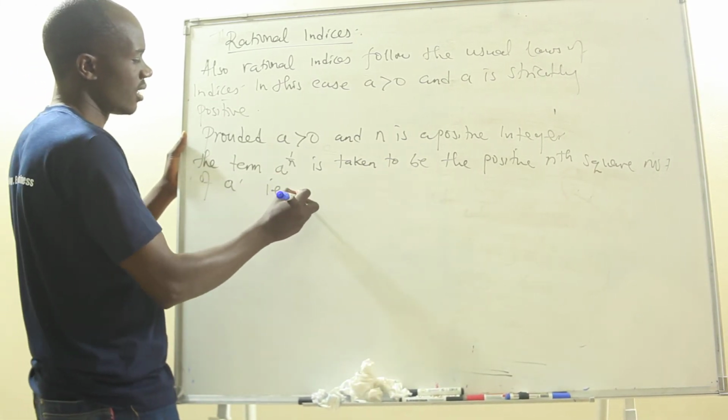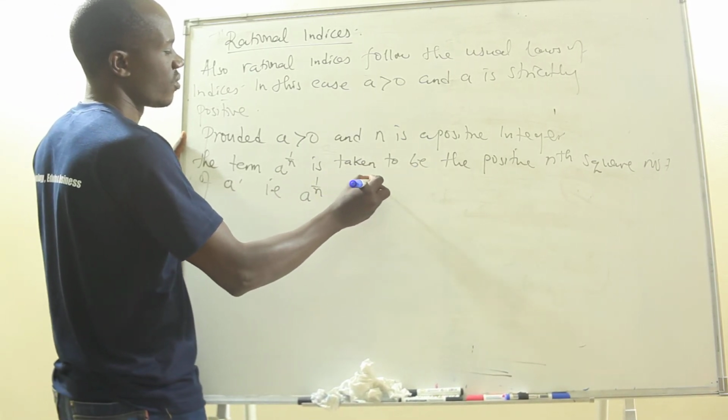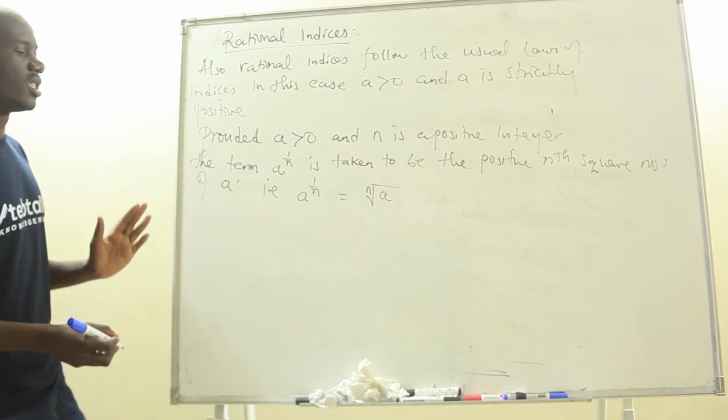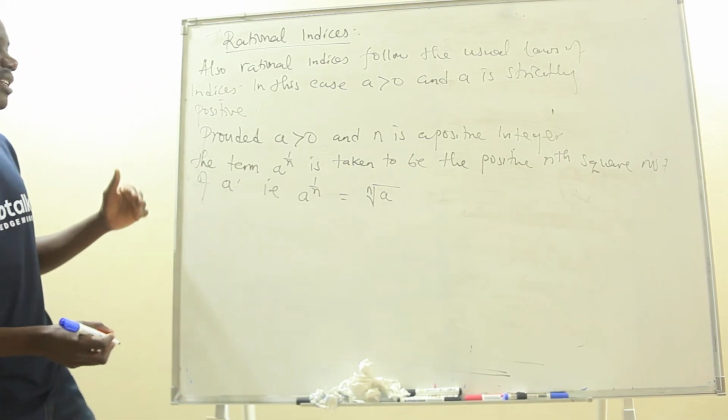I.e., a power 1 over n is the same as the nth root of a. So when you say a power 1 over n, it is the same as the root of that number.